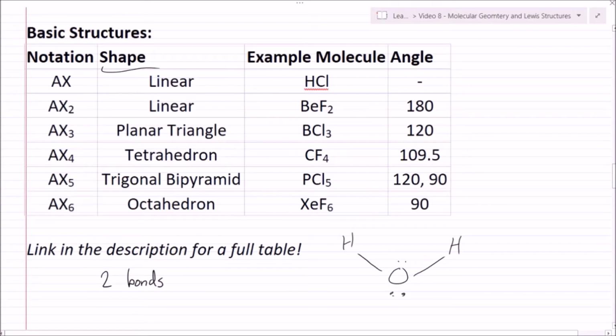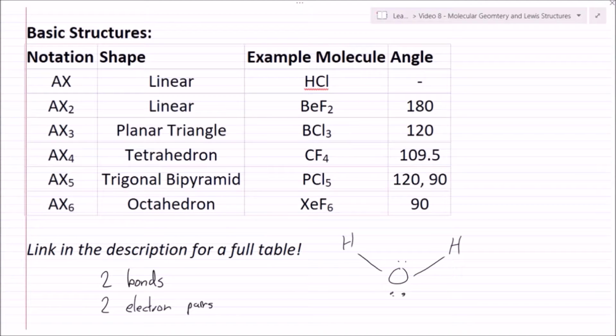And then count the number of lone electron pairs. So here for water we have 2, 1 here and 1 here. So 2 lone electron pairs. And then you're going to think through which shape matches that description. I've included a link in the description with a full table.